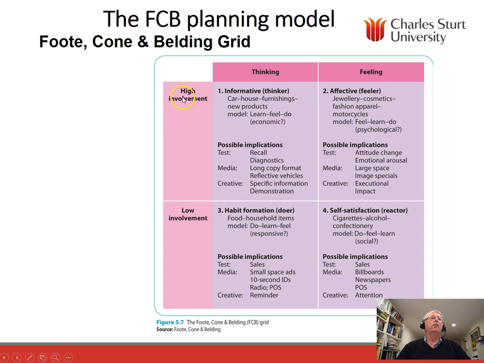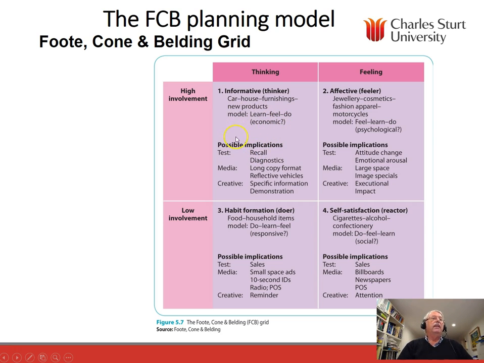And so if we have a high involvement environment where basically we have a thinking kind of process, the kind of products which relate to this are cars, houses, new products. So basically we need to learn about it, then develop effective attitudes, and then purchase.